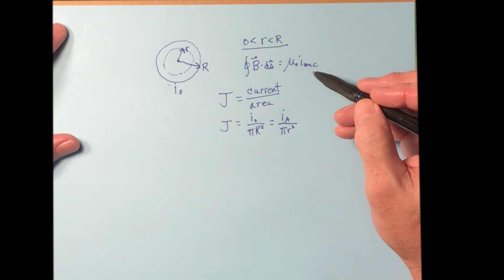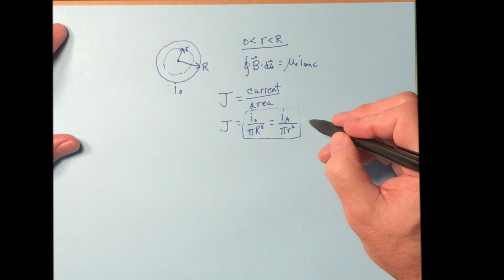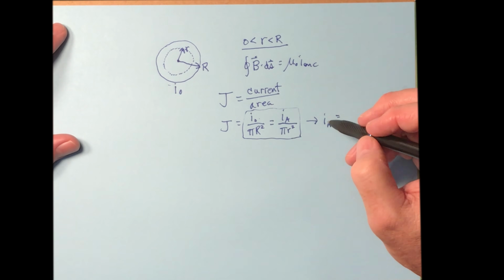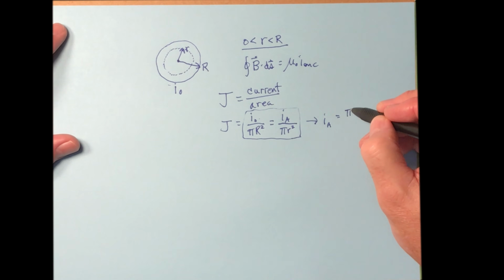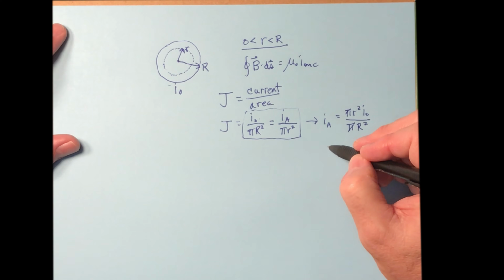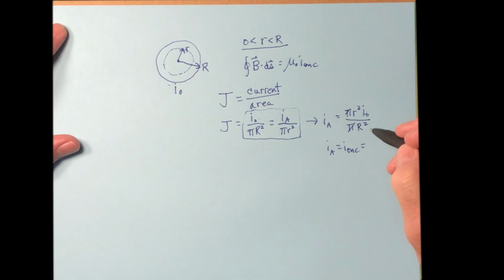That's what we want. So we can take this relationship here, and we can solve for I sub A. When we do that, I'm going to get pi little r squared I naught over pi big R squared. The pi's will cancel, and I sub A, which is I enclosed, is going to be r over big R quantity squared times I naught.